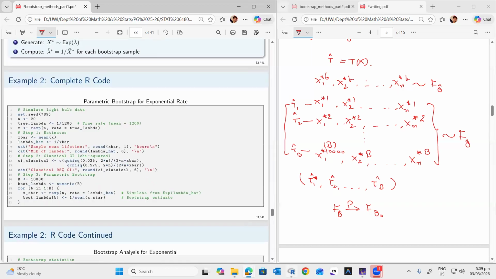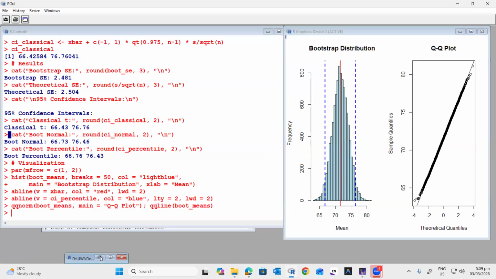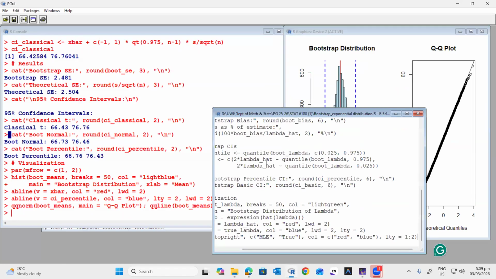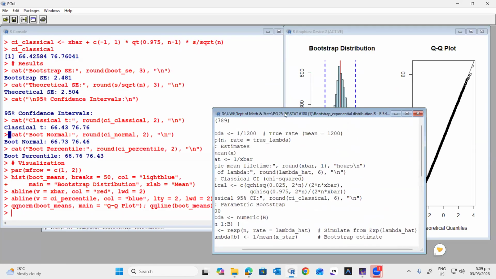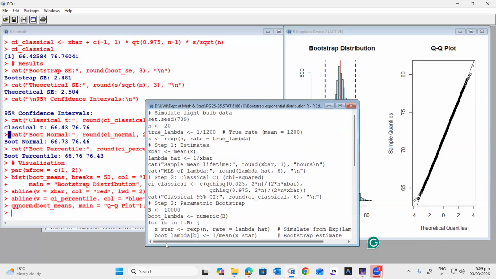So again we have the code here. All right. We have the sample of size 20, and the value of true lambda is 1 upon 1200.